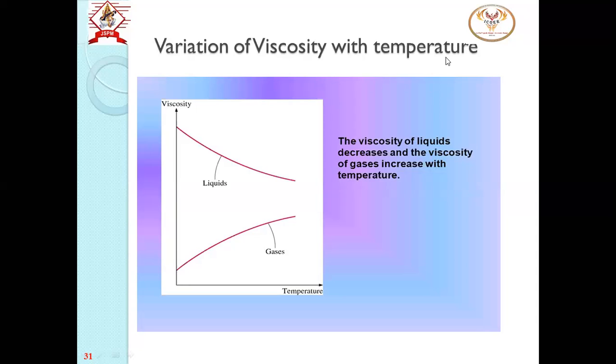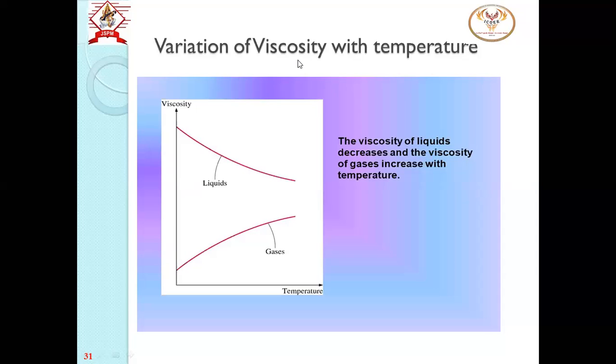Suppose there is a particular oil, say engine oil, and we have to find its viscosity with a device called a viscometer, the Redwood viscometer. With that viscometer we can measure the viscosity of any liquid. For gases there are other types of viscometers, but mainly for liquids we can use the Redwood viscometer easily.